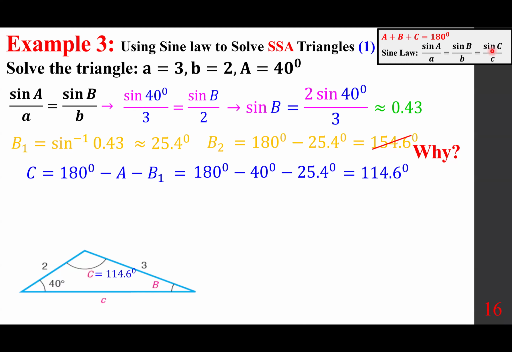Now we use this one with the third one, sine A over a equals sine C over c. You can use any of them you want, but you have to use this one to find the rest. So sine of 40 over 3 equals sine of 114.6 over lowercase c.